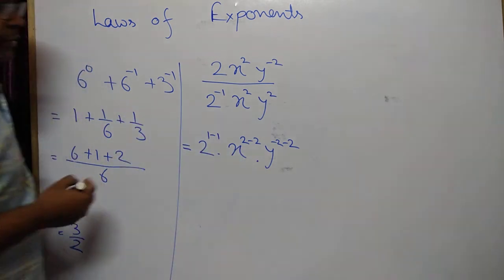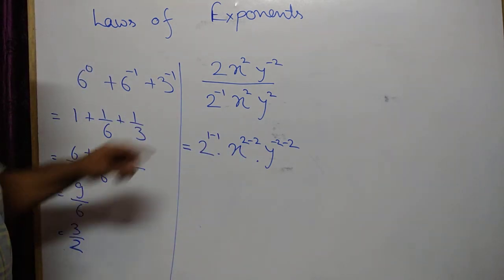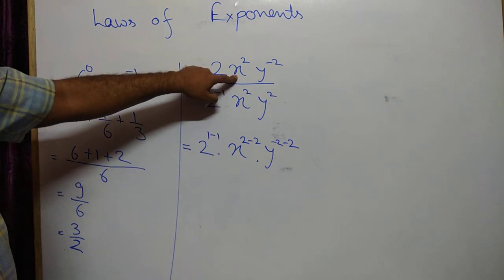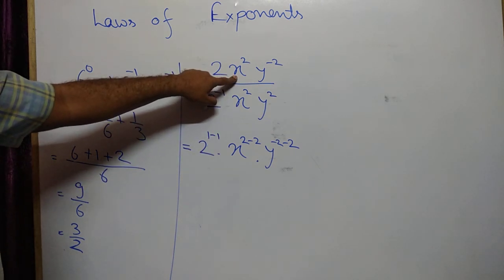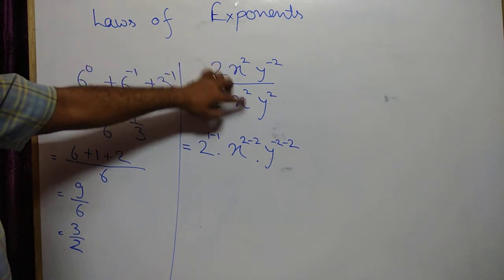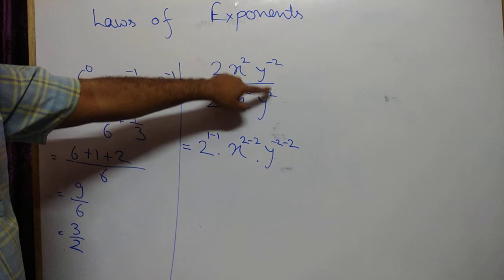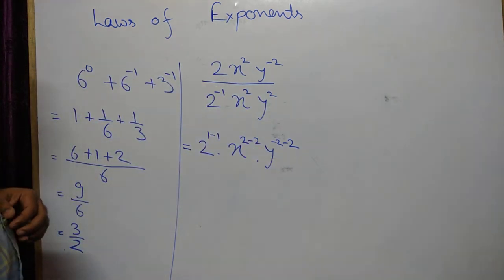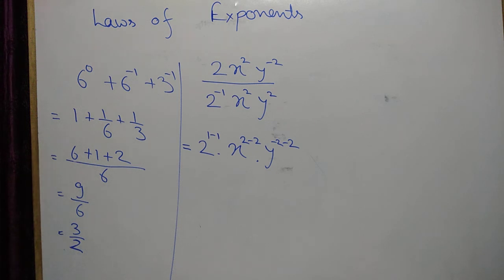How did this happen? See here, this is in denominator form now, and this is numerator form. So in case of divide, we subtract the power if bases are same. This is according to laws of exponent.